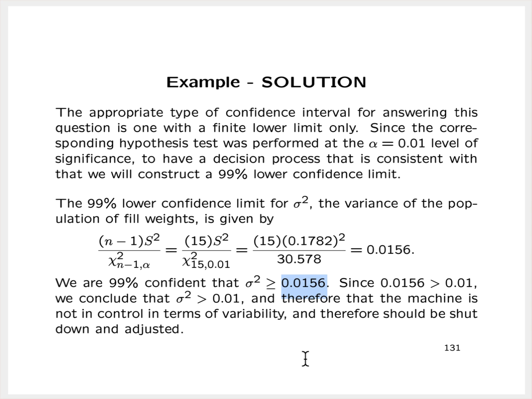So that gives us some additional information above and beyond the kind of information that's provided by the hypothesis test. Again, not only can we answer a qualitative question like we can with the hypothesis test, but we get additional information about the range of plausible values for the population parameter of interest.